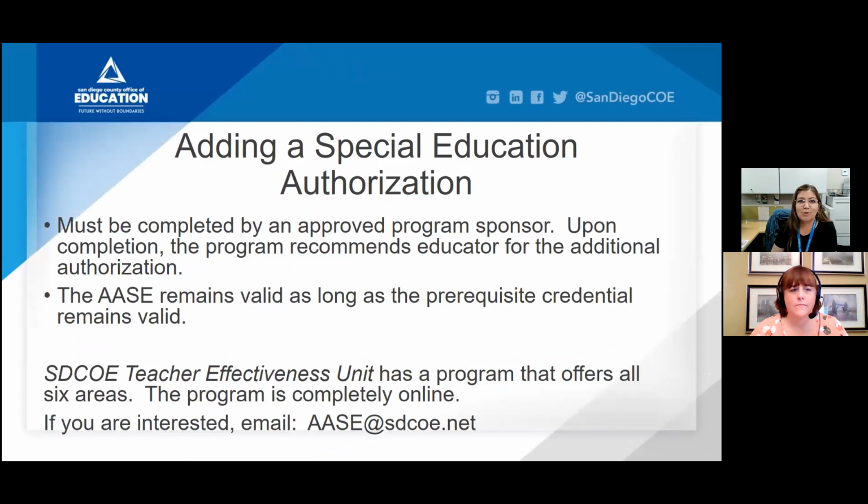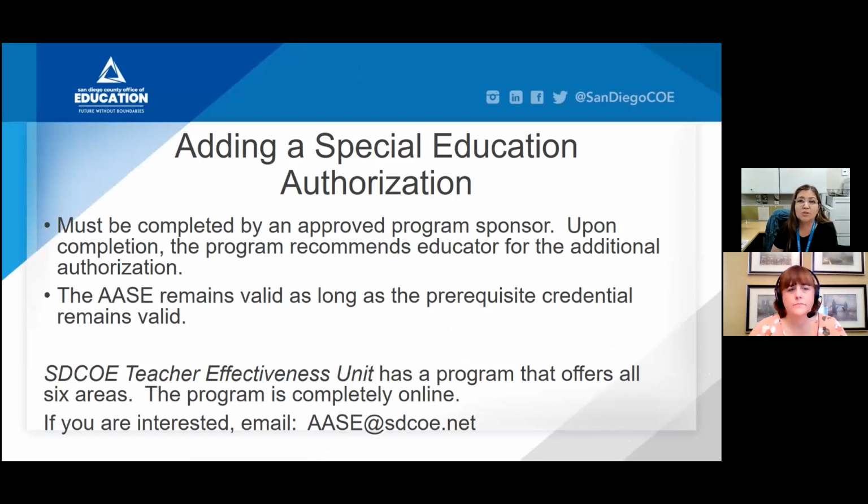So how do you go about getting an added authorization in special education? You have to complete an approved program through a program sponsor. So some colleges offer it, as well as the San Diego County Office of Education. They have an added authorization program.